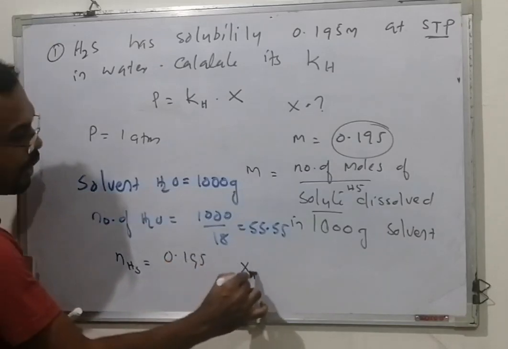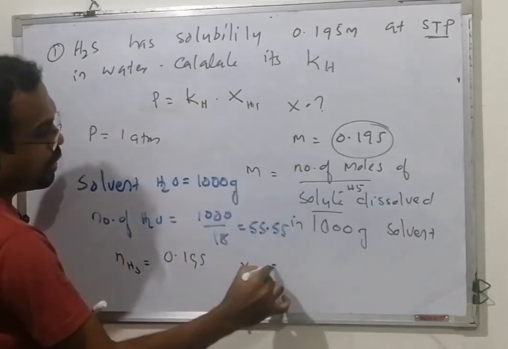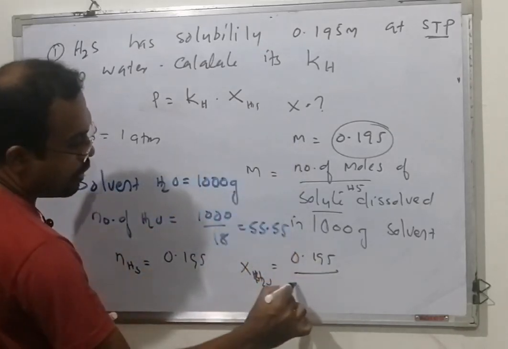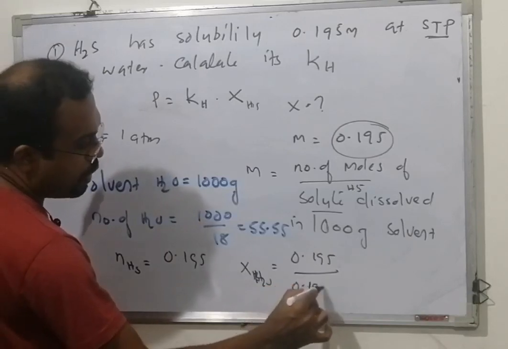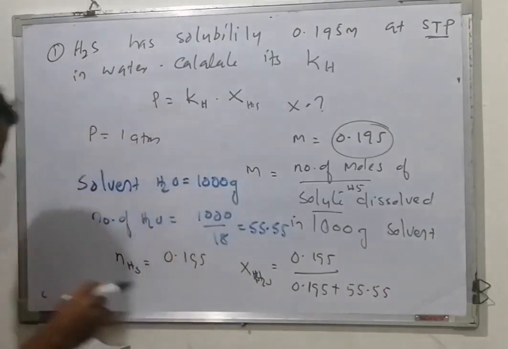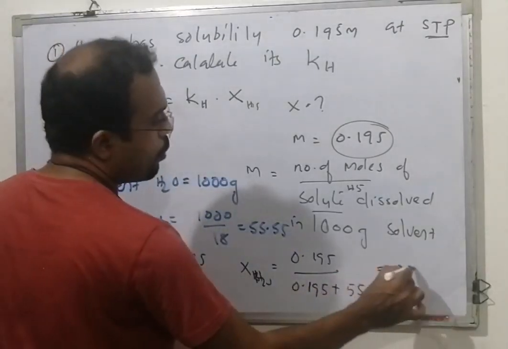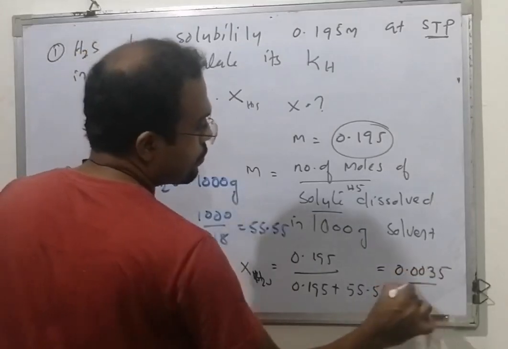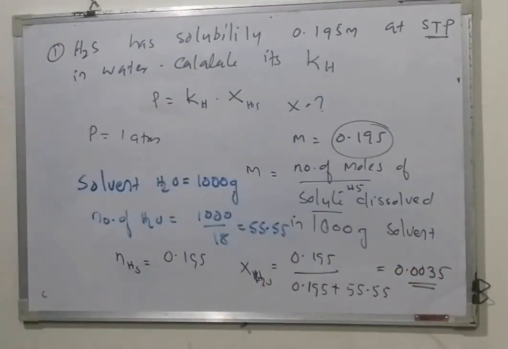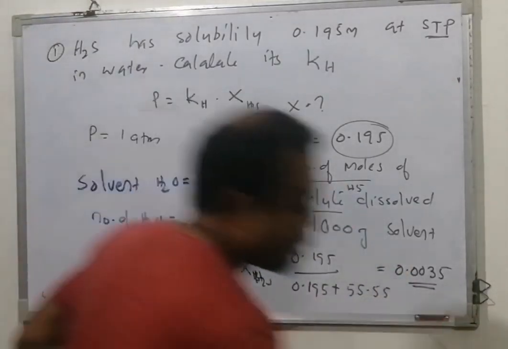The mole fraction of H2S is number of moles of H2S divided by number of moles of H2S plus number of moles of water. This is almost 0.0035. Now you have the mole fraction.